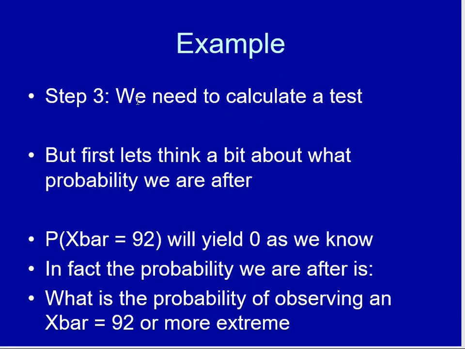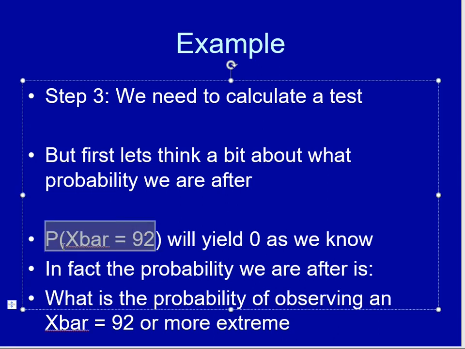Well, we have a sample of 25 pills, and the average of those 25 pills came out to be equal to 92. Okay, and so we need to ask ourselves, what is the probability of getting results as extreme as an average of 92 in a sample of 25 if the null is true?